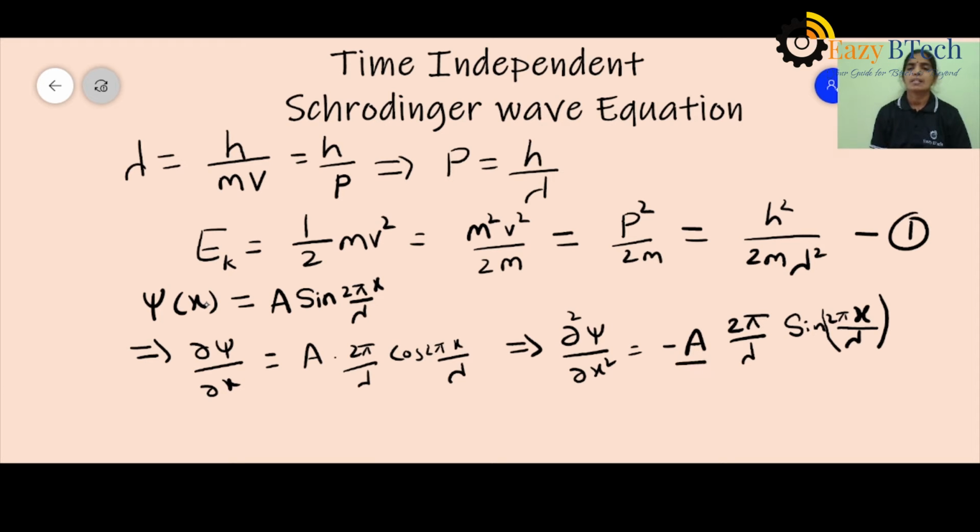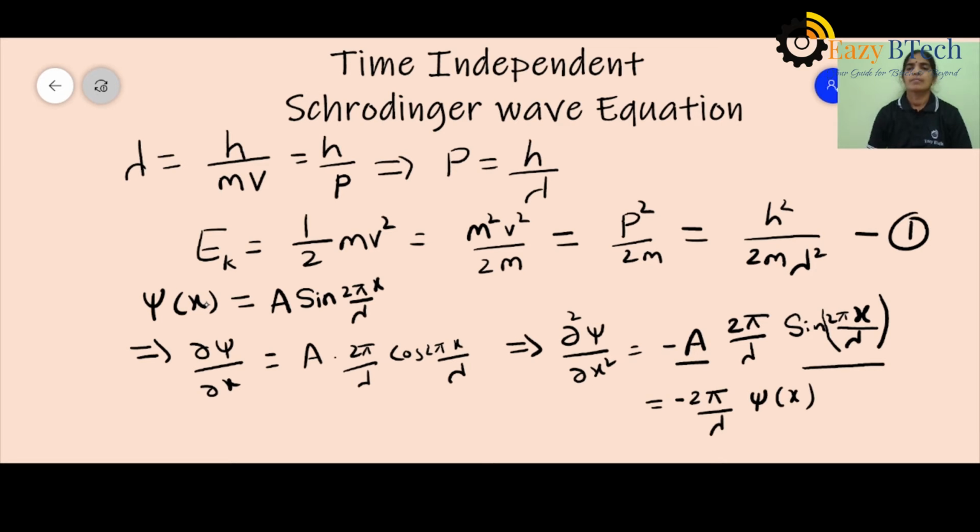Now here, minus a into sine 2 pi x by lambda is psi of x. So it becomes 2 pi by lambda, with the negative sign, into psi of x. This is what we have for dou square psi by dou x square.